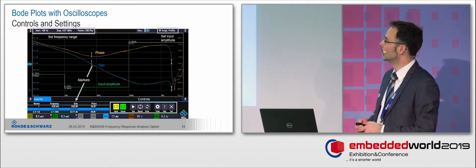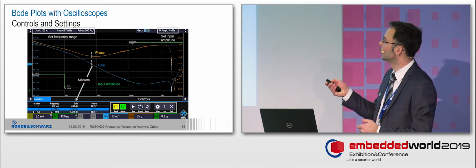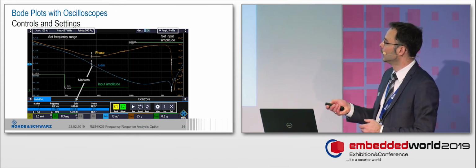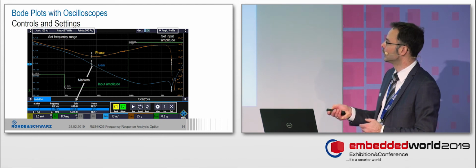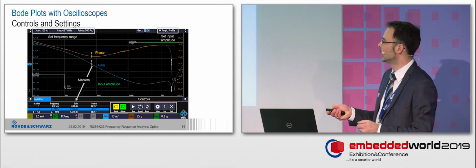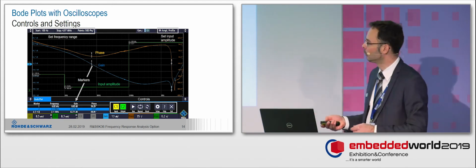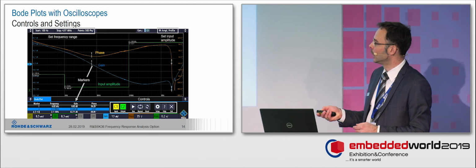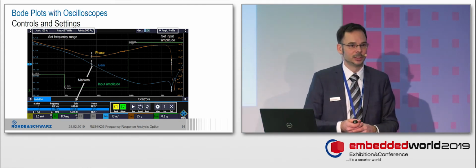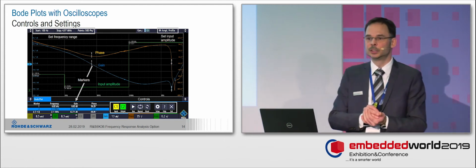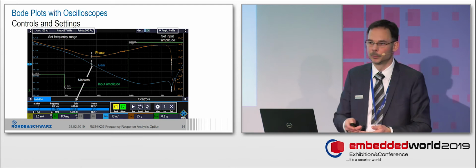That is shown in this example, where I see the gain curve and the phase curve, and then you can verify, I used two markers, what the phase margin is, in this example 36 degrees, maybe something where I already feel comfortable, or what the gain margin is. Those are the key considerations here. A big advantage is you don't need a separate solution because you have it integrated in the scope today.